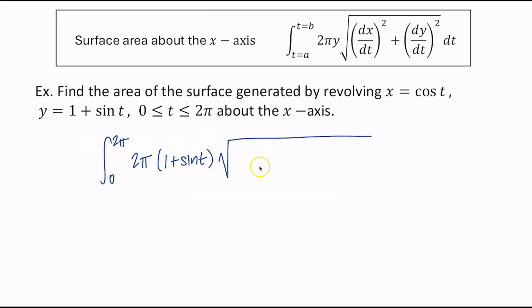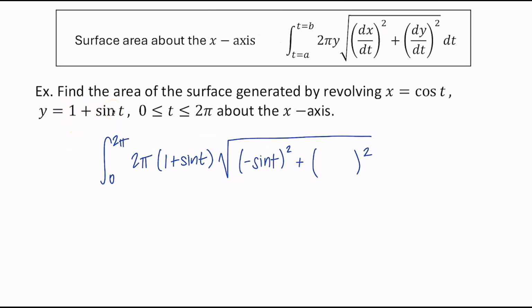So here, I'm just going to go ahead and fill these in at the same time. So dx dt squared, the derivative of cosine t, is going to be negative sine t. So we're going to have negative sine t squared. So this right here is my dx dt, plus what's going to go here is dy dt squared. The derivative of y, well, the derivative of 1 is 0.